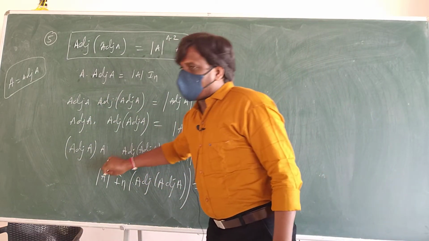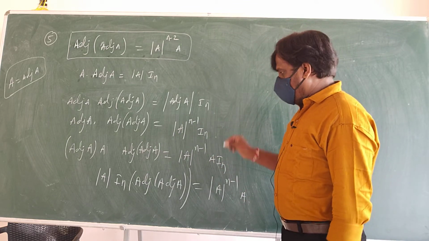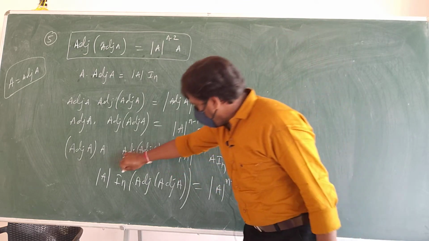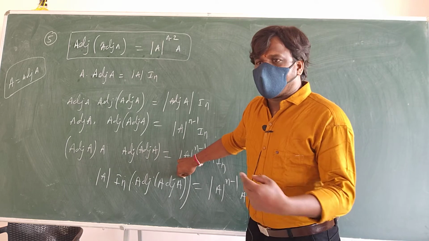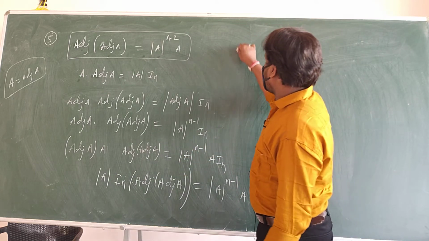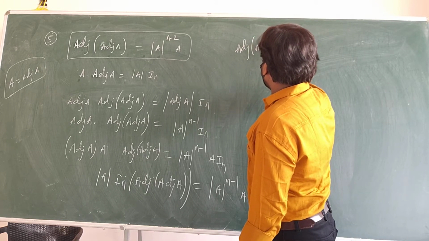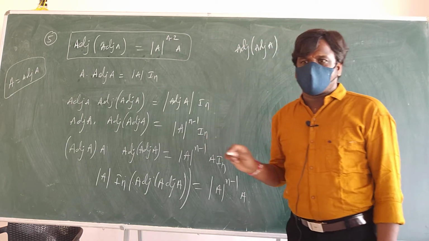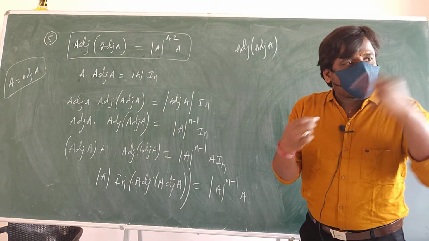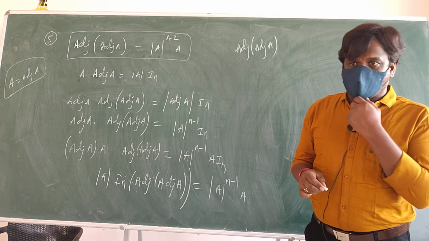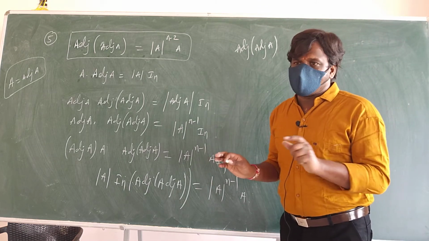Now this determinant of A send this side. So what am I going to get here? In into adjoint of adjoint A is a matrix, so you get adjoint of adjoint A. I will say these properties which I have taught, go and watch again, then only you will remember this concept. It's not easy.